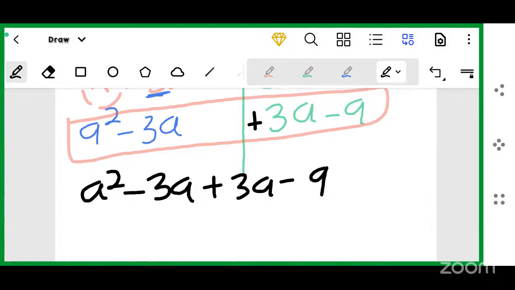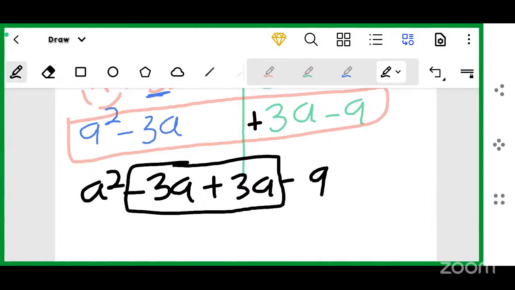Now hit in your calculator negative 3 plus 3. Oh, it's 0.